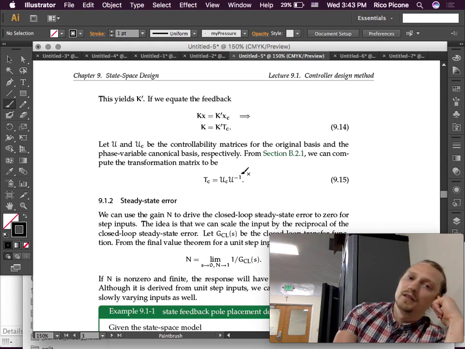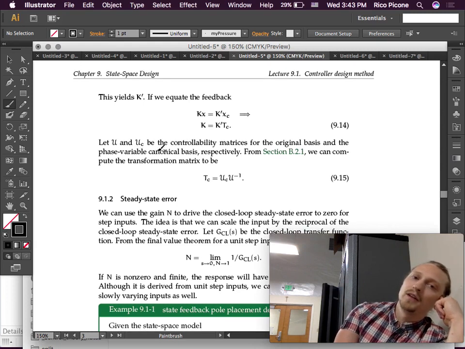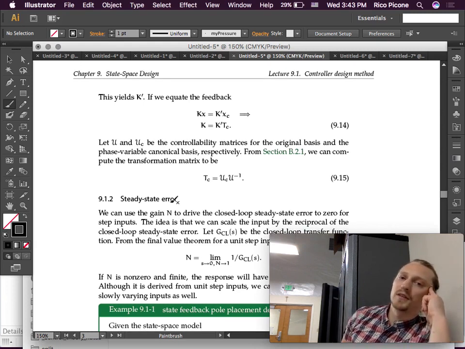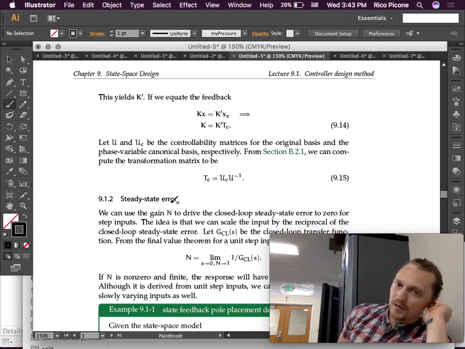Now, let U and U_C be the controllability matrices for the original basis and the phase variable canonical basis, respectively, from the section on controllability.